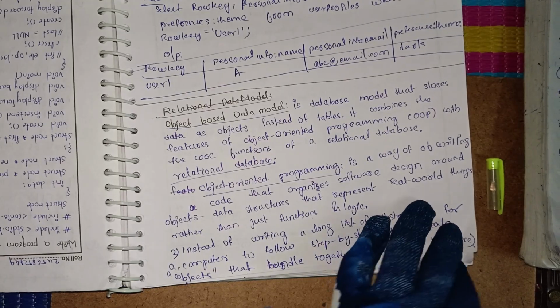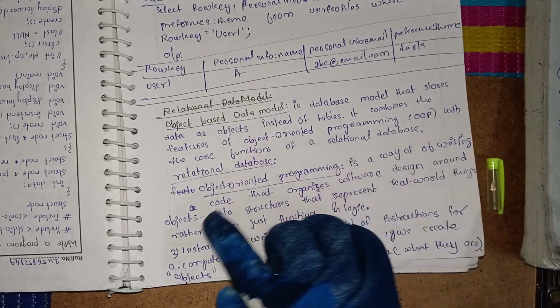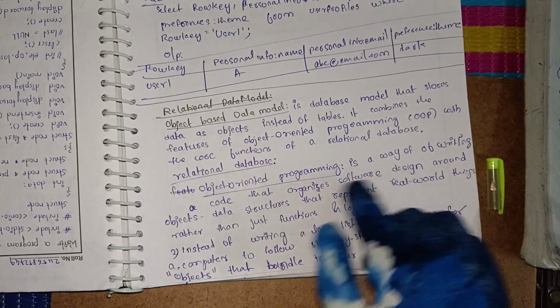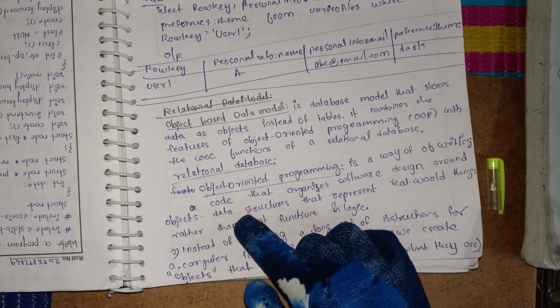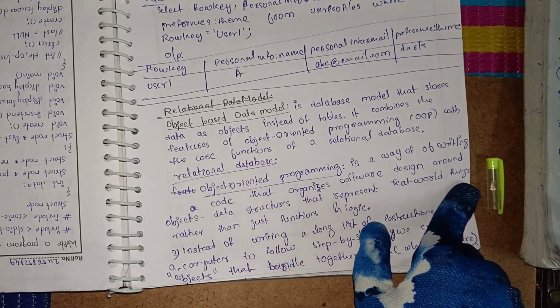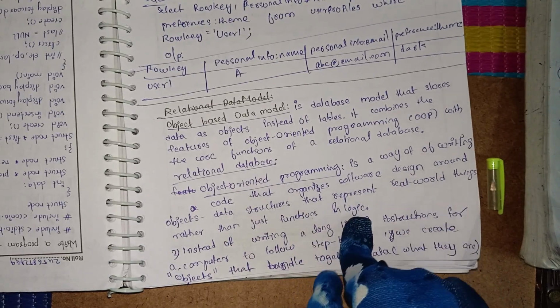Object-oriented programming in DBMS means the way of writing code that organizes software design around objects, data structures that represent real-world things rather than just functions and logic.